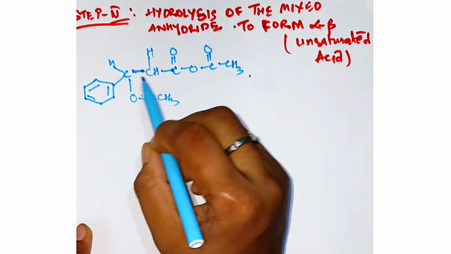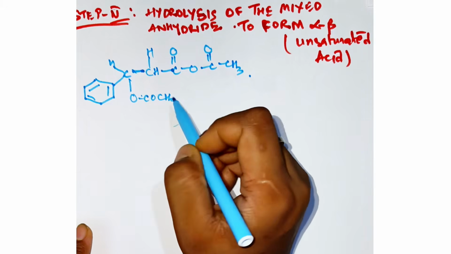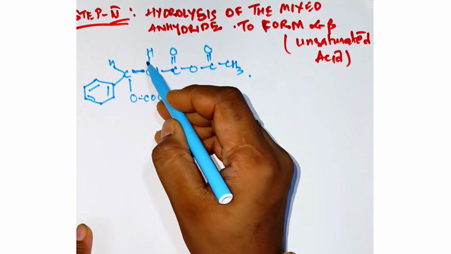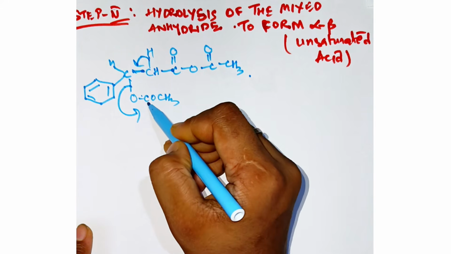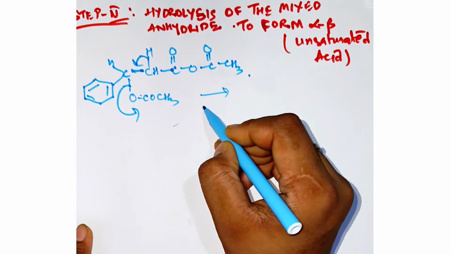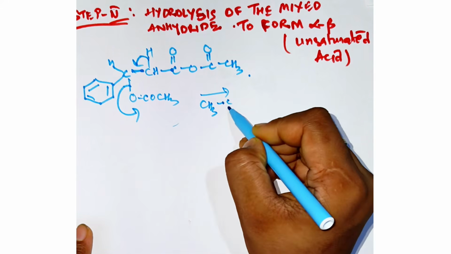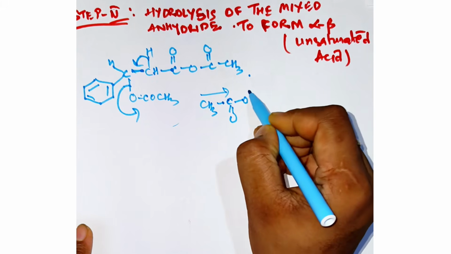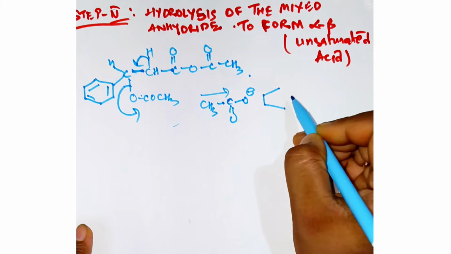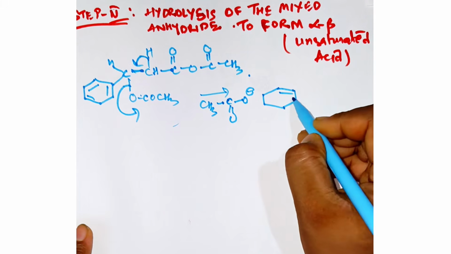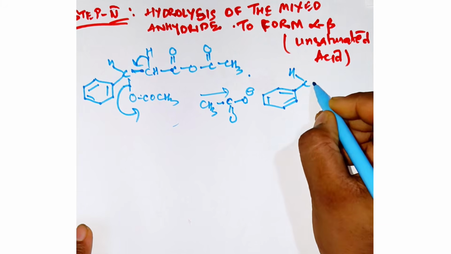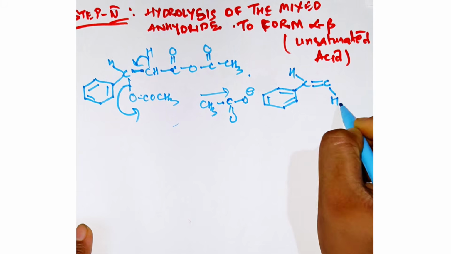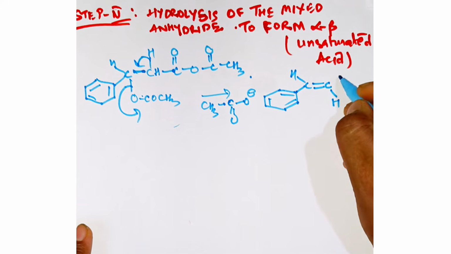There is one molecule which we can remove. So if this goes out, is it not CH3COOH? So again there is a loss of this carboxylic acid molecule. So it is going to form like this. This was the step number 5.